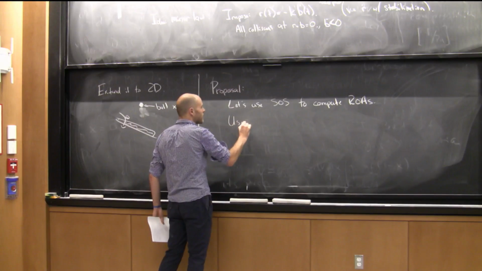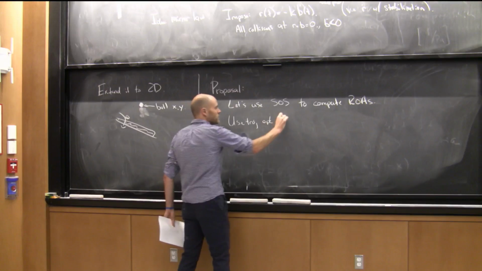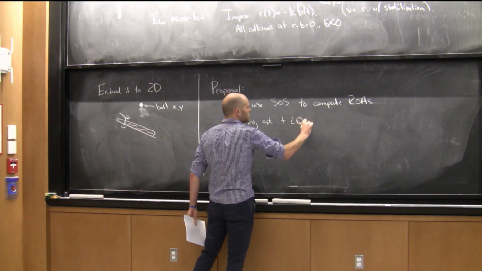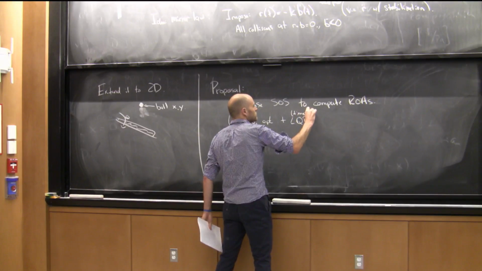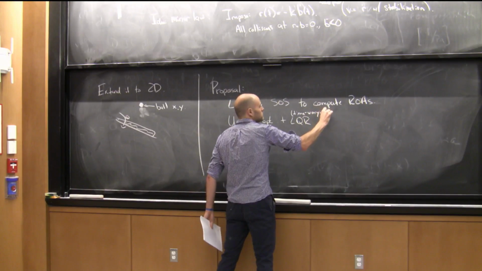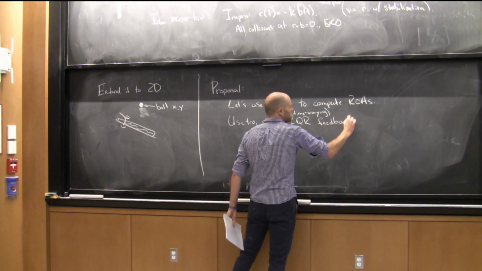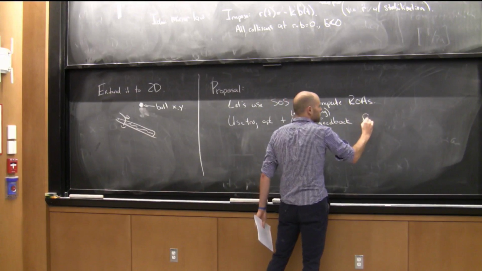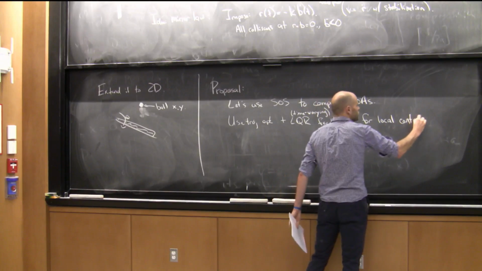We can use trajectory optimization plus LQR feedback, time varying, let's say, for local controllers.